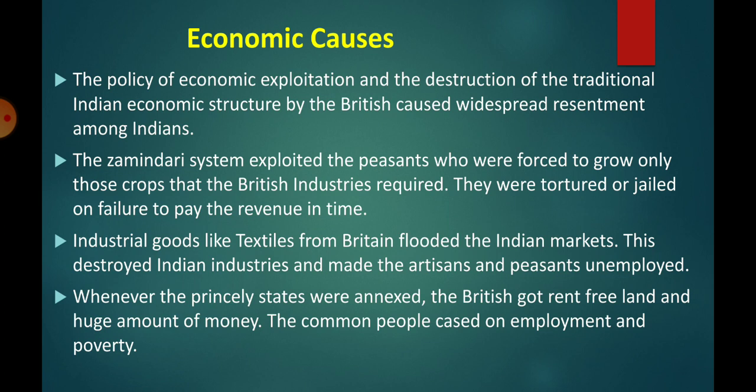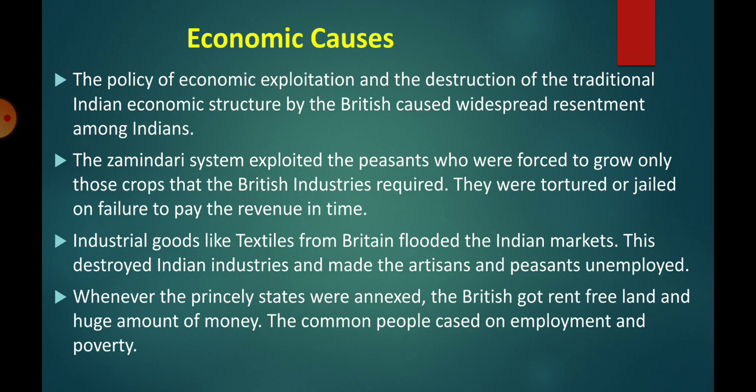Industrial goods like textiles from Britain flooded the Indian market. The Britishers took the raw material like cotton from our country to feed the textile industry in Britain. They also prepared the finished goods in their country and sold these things in our country. For that cause, the industrial goods like textiles from Britain flooded the Indian market.